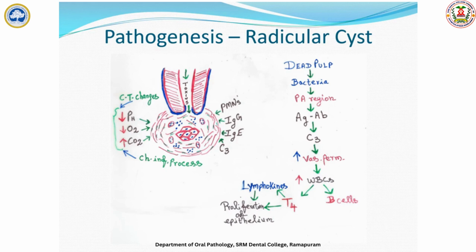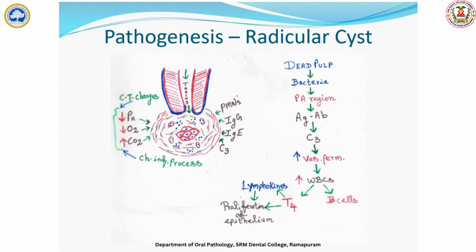In this environment, we can see some neutrophils, lymphocytes. We can see some antibodies also secreted by the plasma cells. You can see IgG, IgE and complement component. In addition, we can see in the center of the granuloma a cell rest of Malassez also present.